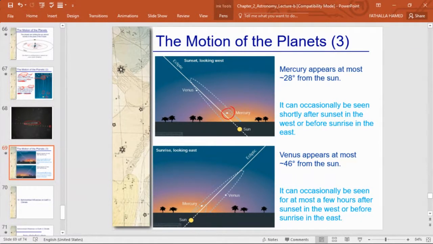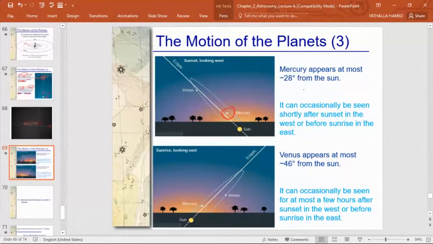They only reflect sunlight. So they do not basically produce light of their own. They only reflect that. So for us to see them, we actually have to see them when there is a contrast. That means in dark skies. And they have to be above our horizon.